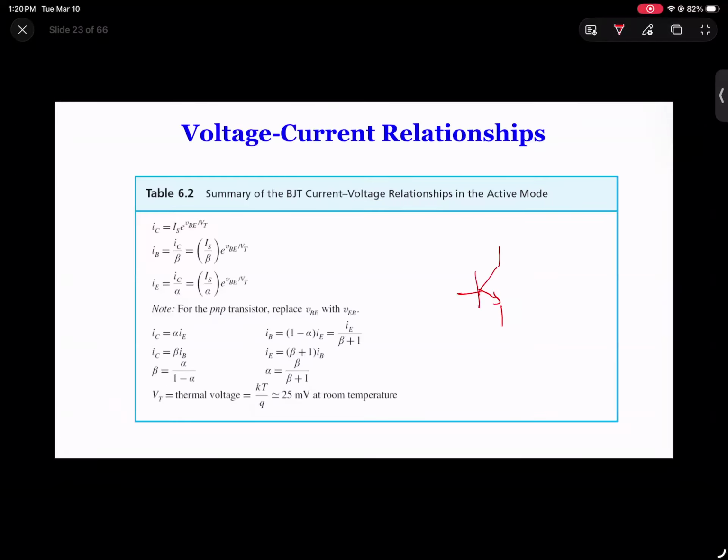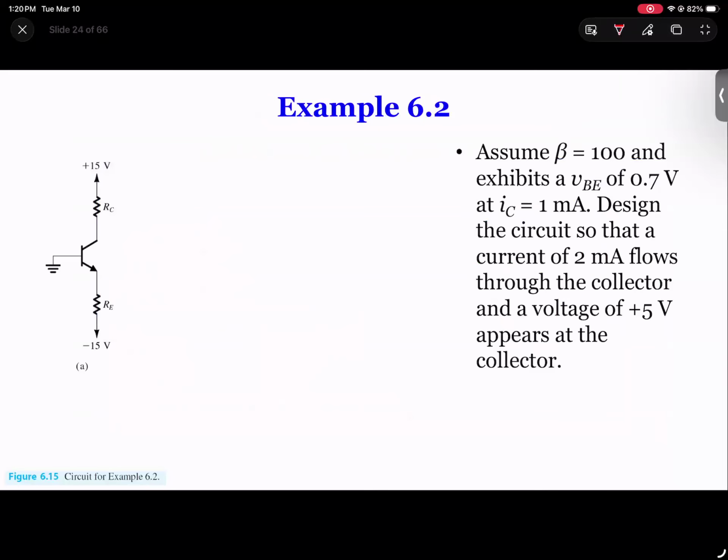So take all this, write this in your brain, and you will be able to solve any problem, regardless of how complex the circuit is, regardless of how many BJTs are in that circuit, because you can always isolate the circuit and then do a simulation.